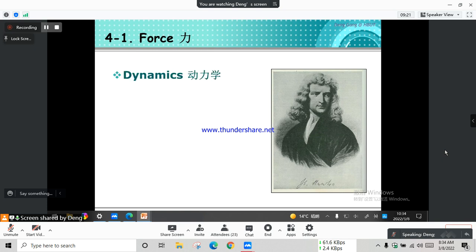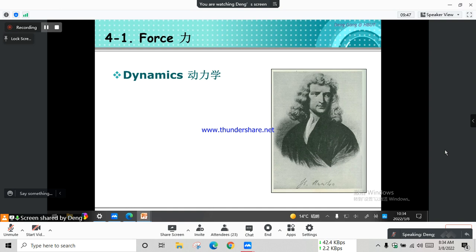So force can help us explain why things are moving like this. We need the definition of force, but actually we did not know what force is at that time. But we know, okay, I push this, I apply force on this object.